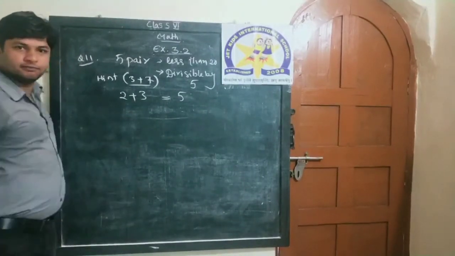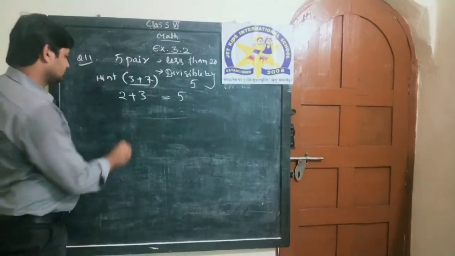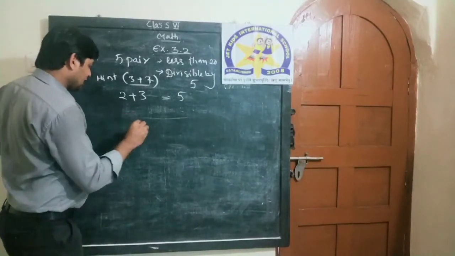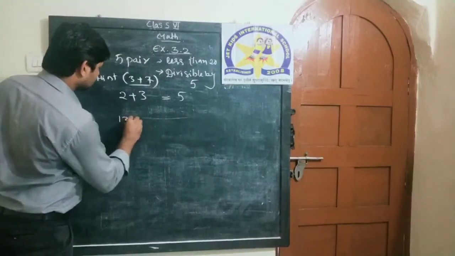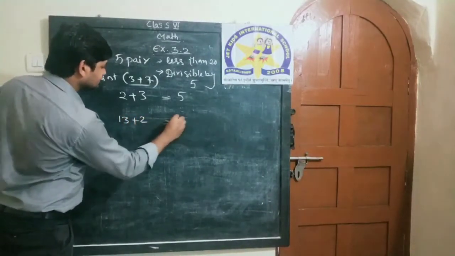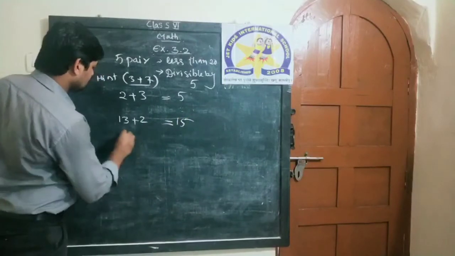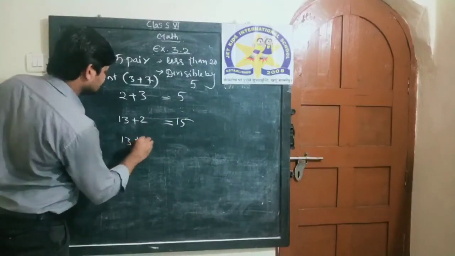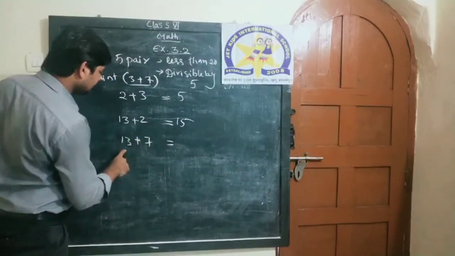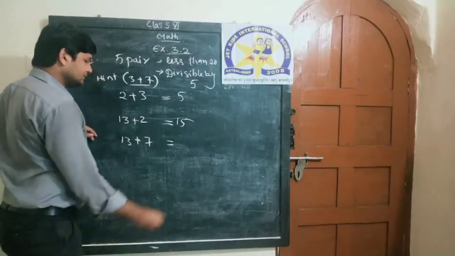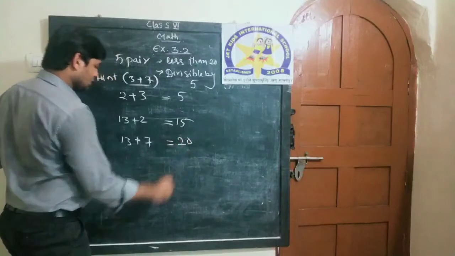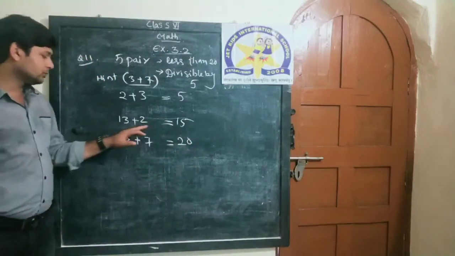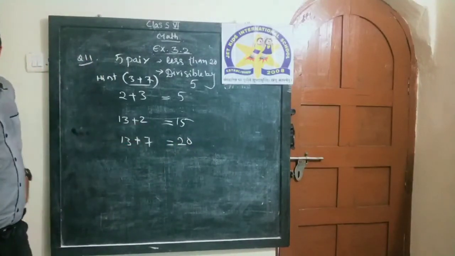5 plus 5, right? And 13 plus 2, 15. 13 plus 7, 20. See, both should be prime, right?